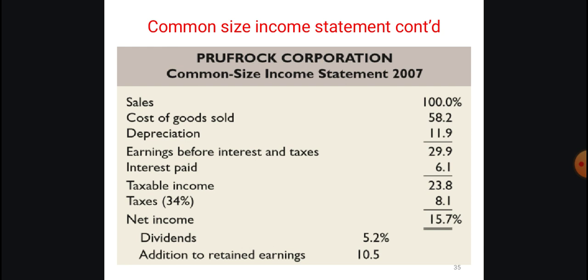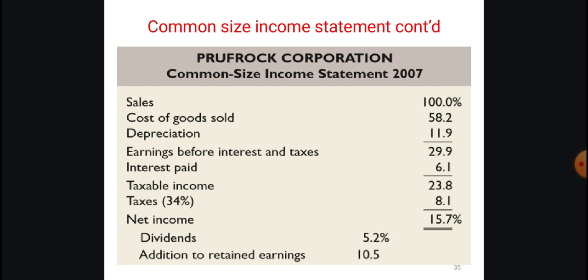Sales, which is total revenue, is the base and it is 100%, and every component is evaluated from this point of view. So cost of goods sold is 58.2% of total sales. Depreciation is 11.9% of total sales. The difference is 100% minus 58.2% minus 11.9%, which is 29.9%, the earnings before interest and tax.